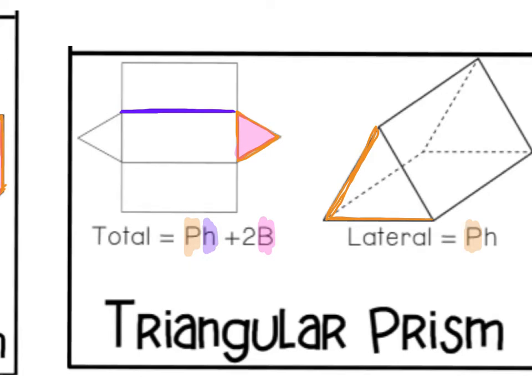So I'm tracing over where is the base. And then I could shade in the base so you could see it from this perspective. When I'm finding area of base, it would be this.